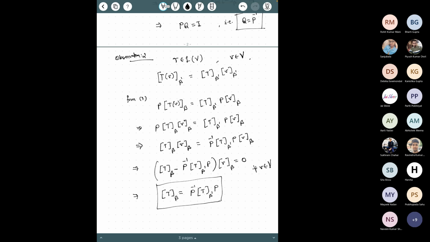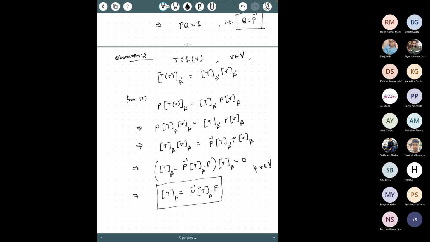So the matrix of T with respect to B and the matrix of T with respect to B dash are related via this relation, and this has a name. Do you know what we can say from this expression? They are similar.